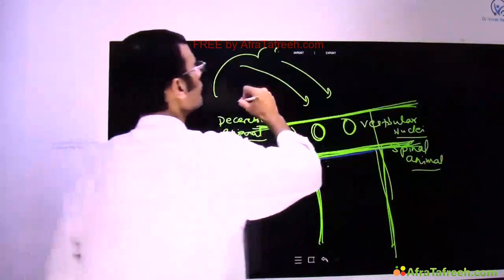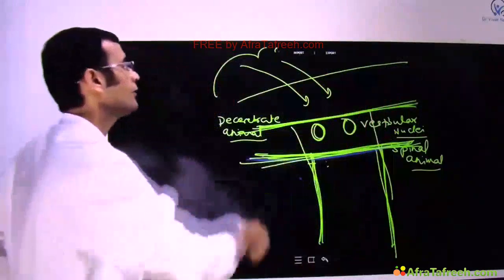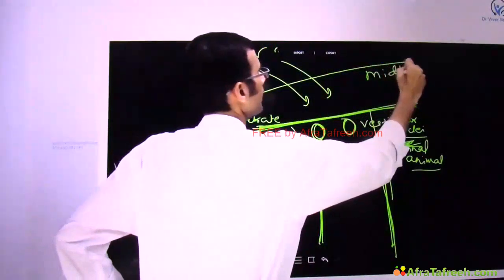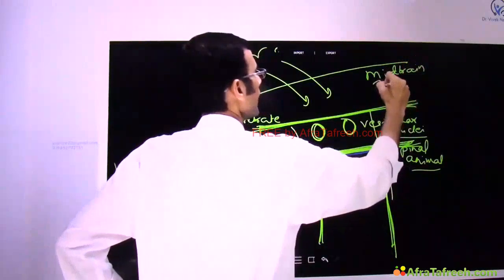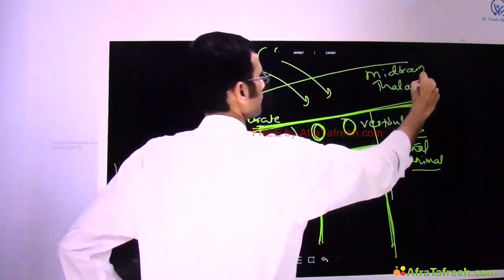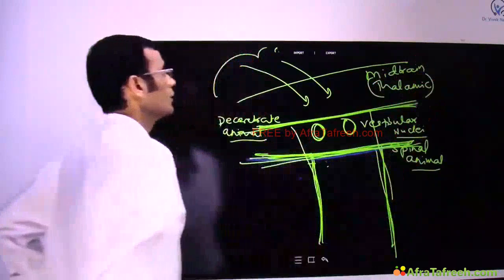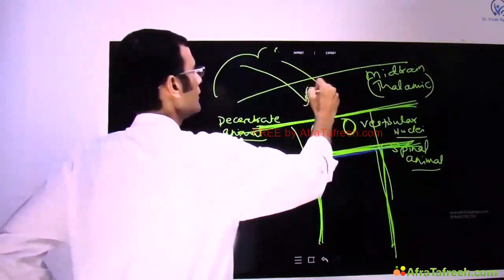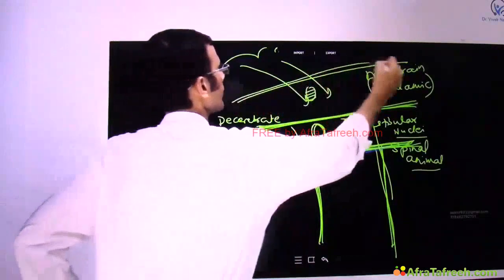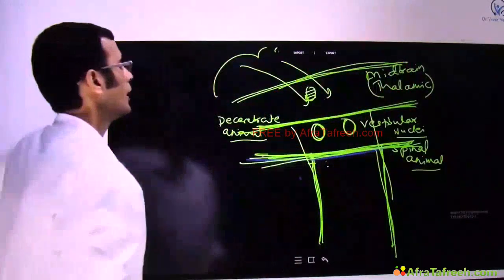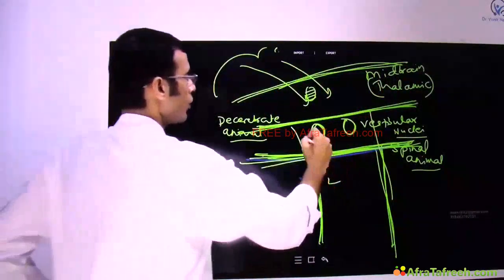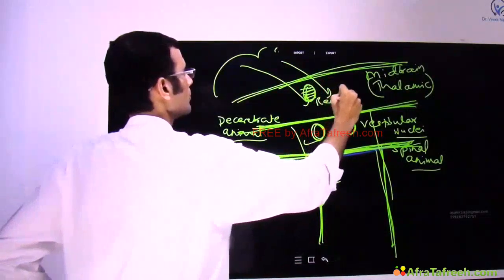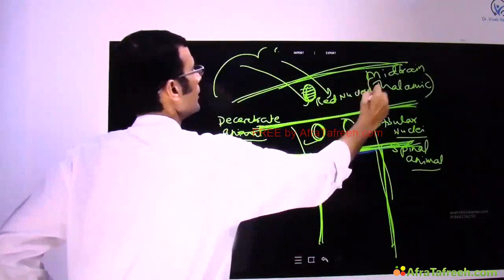Next, if we take a transection even higher up, it's called a midbrain animal or thalamic preparation. So what is now retained? We have taken a transection above. We are retaining the spinal cord, vestibular nuclei, and we are retaining the red nucleus also in the midbrain animal.